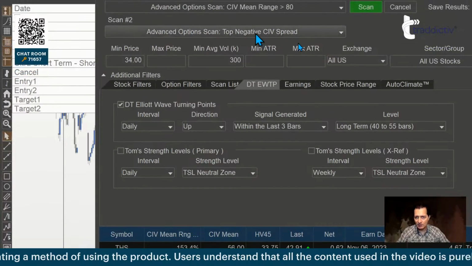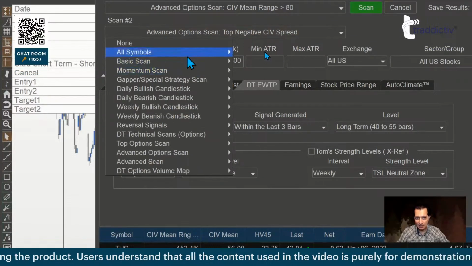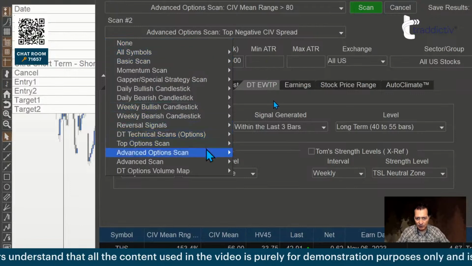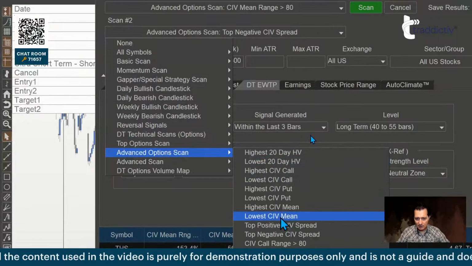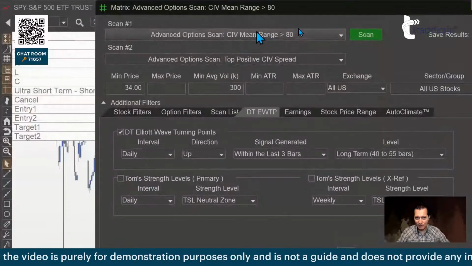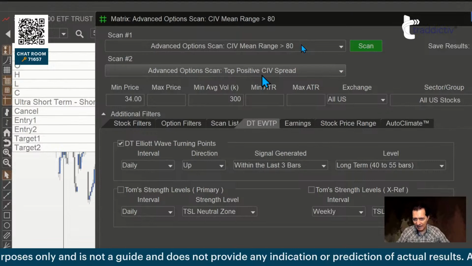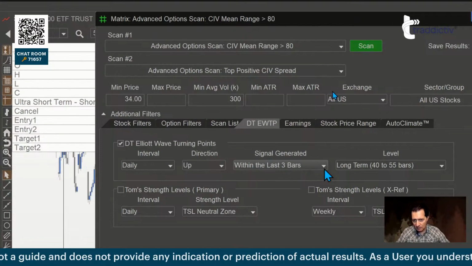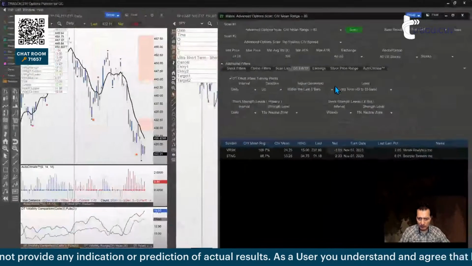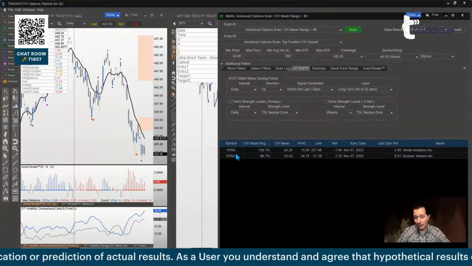Now, of course, if that's bullish, you also want this to be bullish, right? So you want it to be positive, not negative. Okay. So options are expensive. You have a positive CIV spread, and in the last 3 bars, you have an Elliott wave turning point. Do we have anything like that? Actually, we have 2.